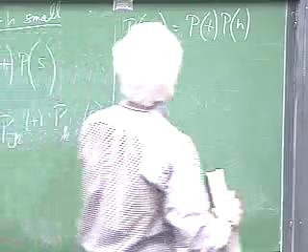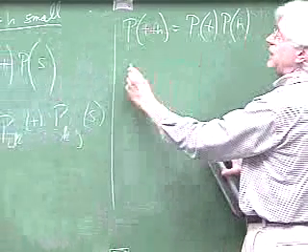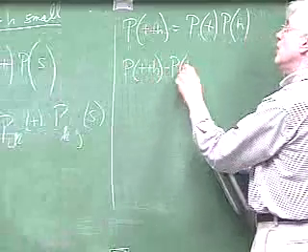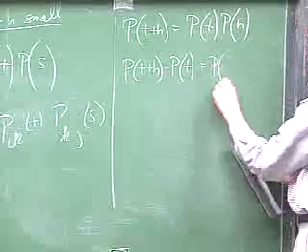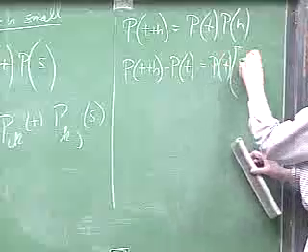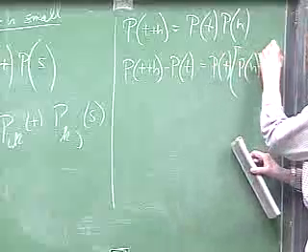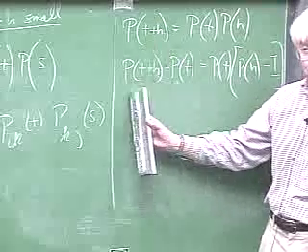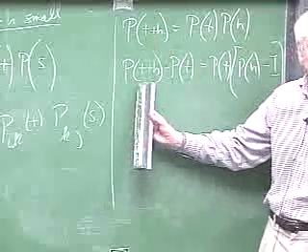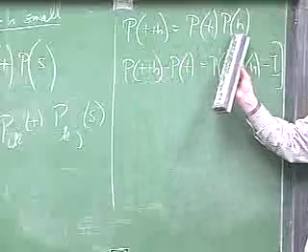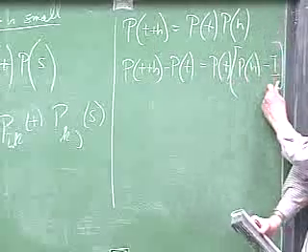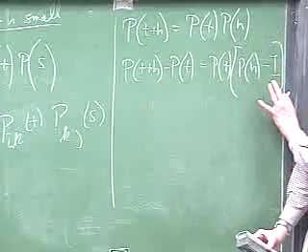And then I subtract P(t) from both sides. Now, I subtract P(t) from the left side straight away, right? No trick there. On the right-hand side, it's a little tricky because I've subtracted P(t), but P(t) times the identity matrix is P(t).